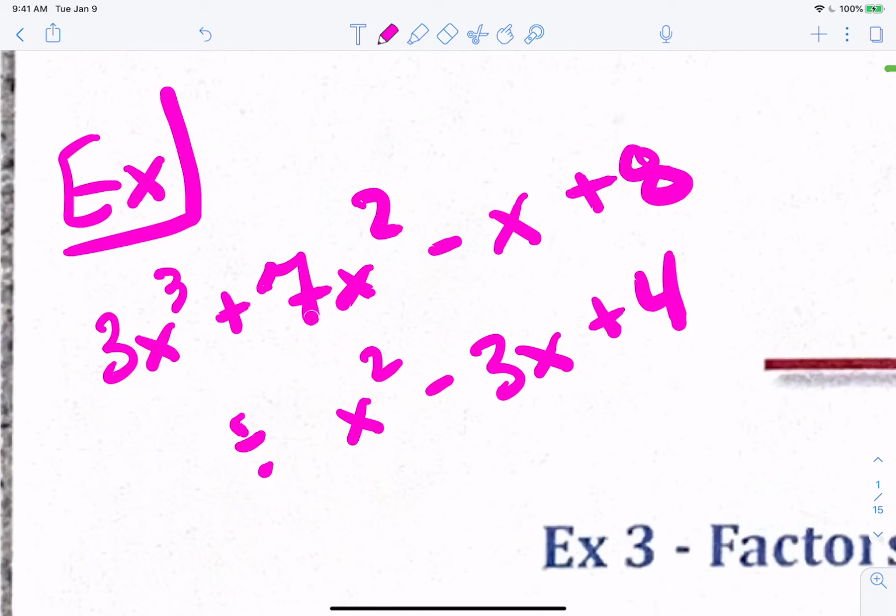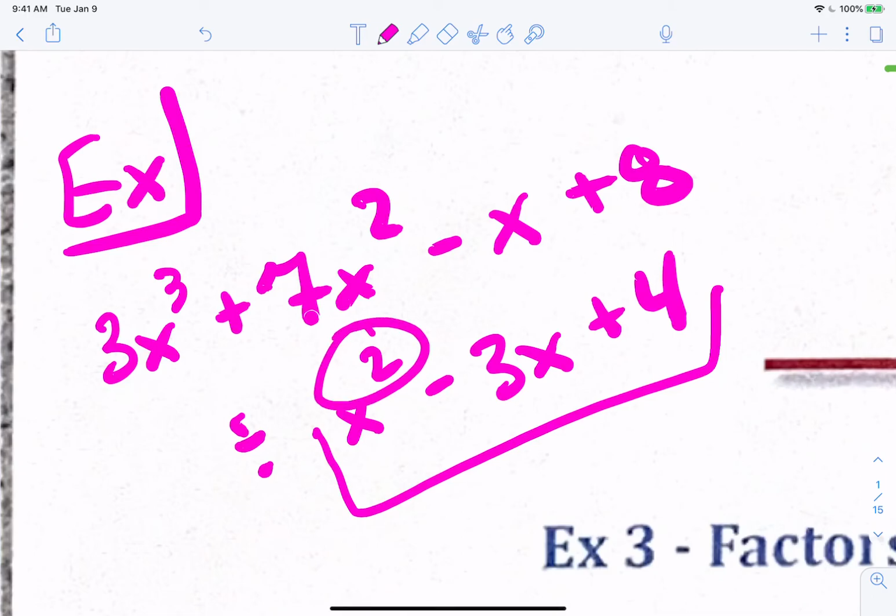Because remember in synthetic division, the first thing that I do is set this guy equal to 0. I can't solve that guy unless I factor him down or whatever, right? So you can only use synthetic division when you are dividing by linear factors. This is a quadratic. I'm dividing by x squared. So I cannot use synthetic division when I'm dividing by big long things. I have to use long division. Does that make sense?